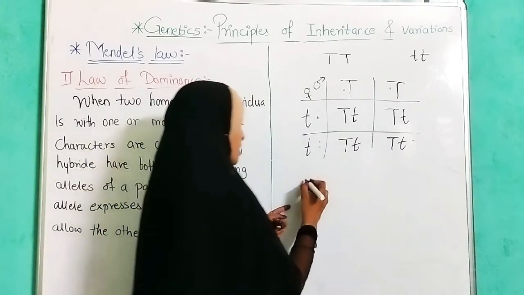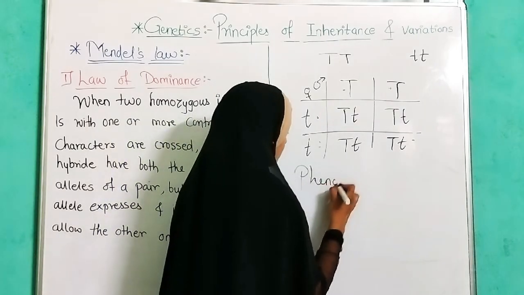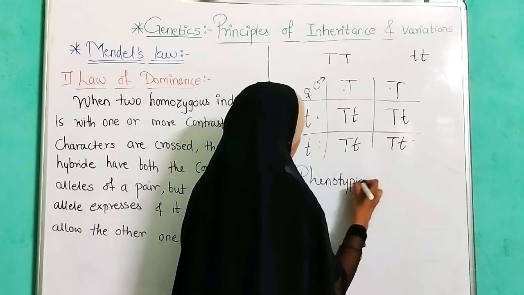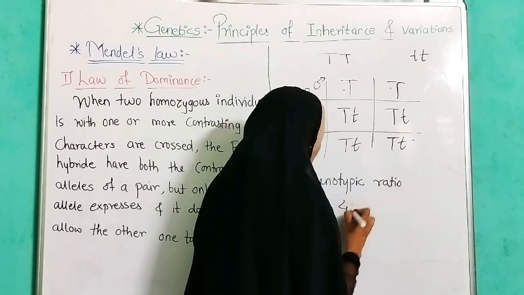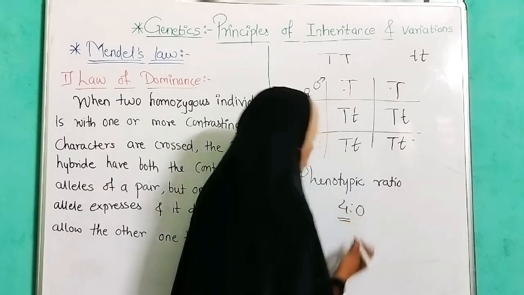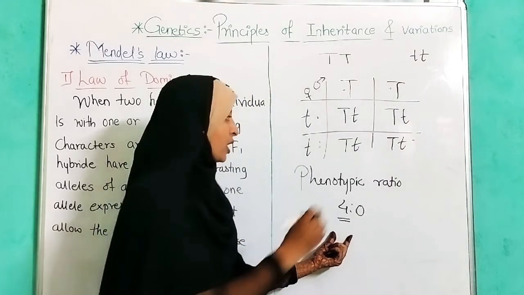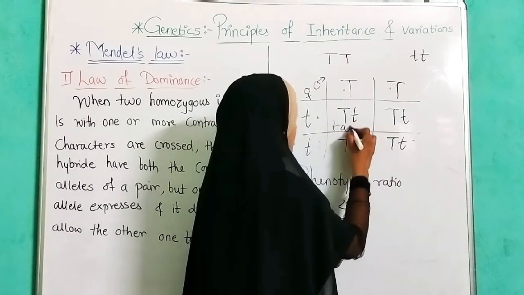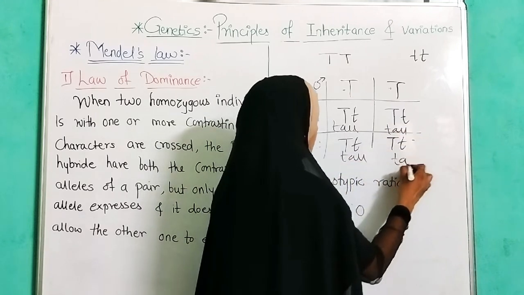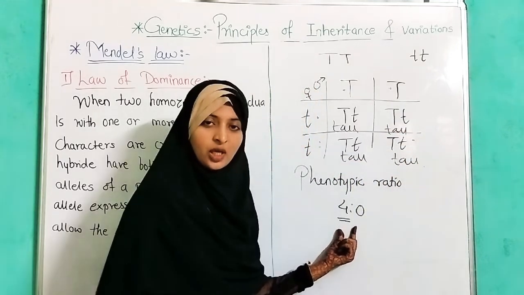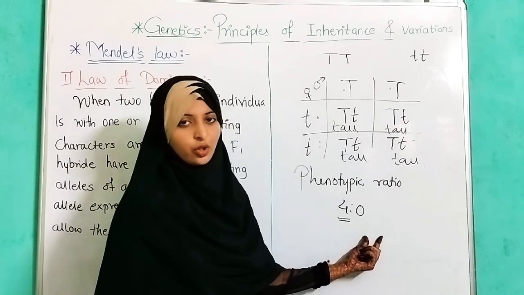So we are going to see the phenotypic ratio, which is 4:0. Means tall, all four are tall. Means here this is tall, tall, tall and tall. Four are tall and 0 are dwarf.